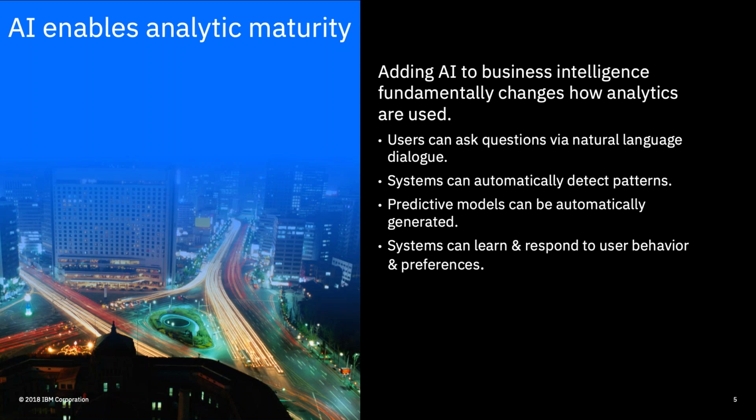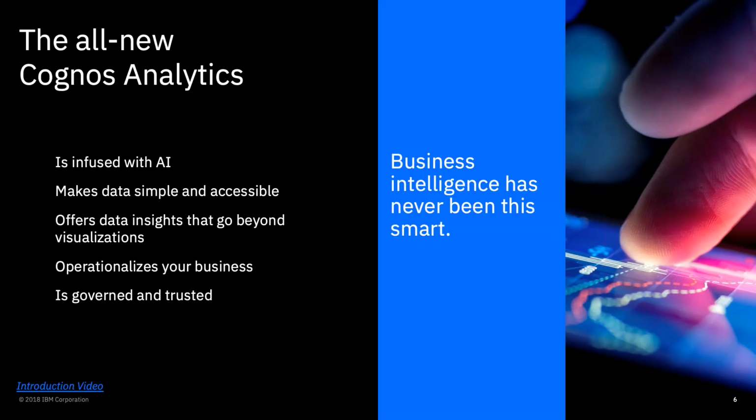I'm going to be getting into a demo in a bit, and you'll see some examples of all the things you see listed on the screen here and how we've applied AI to Cognos Analytics, really infusing it through the entire product to make it really the smartest business intelligence tool out there.